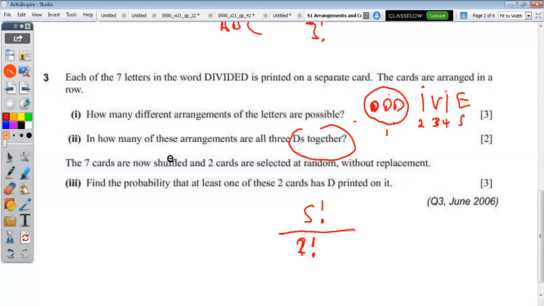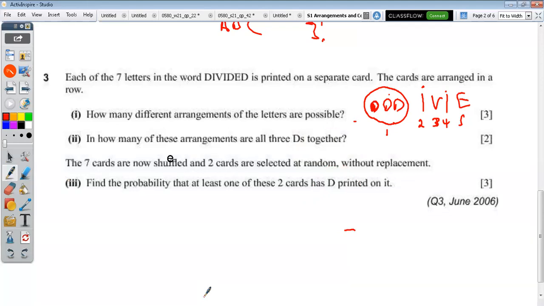All together? Yes, sir. Now the last one is a trigger. The 7 cards are now shuffled. 2 cards are selected at random without replacement. Find the probability that at least one of these cards is a D. At least, clear?